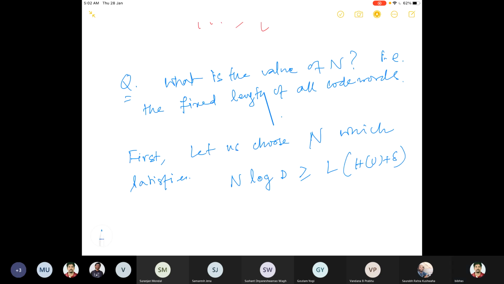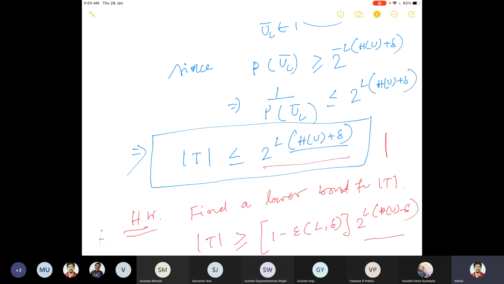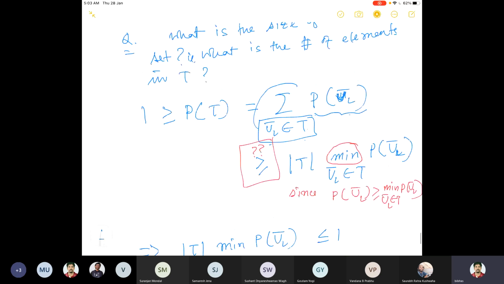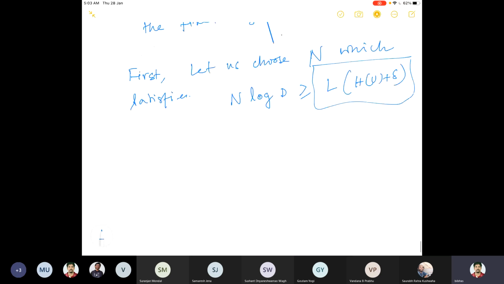Maybe in order to prove his ultimate theorem, he observed something and maybe did a little bit of back calculation. I don't know. But since I know the proof, that's why I'm choosing that. Otherwise, you can choose n to be less equal to this. There may be two cases, but this thing is important, which is playing a role in every bit of the pieces here. You see, L times (H(U) plus delta) or minus delta, this is playing a big role in all of these results. So let us first choose n log D bigger equal to this.